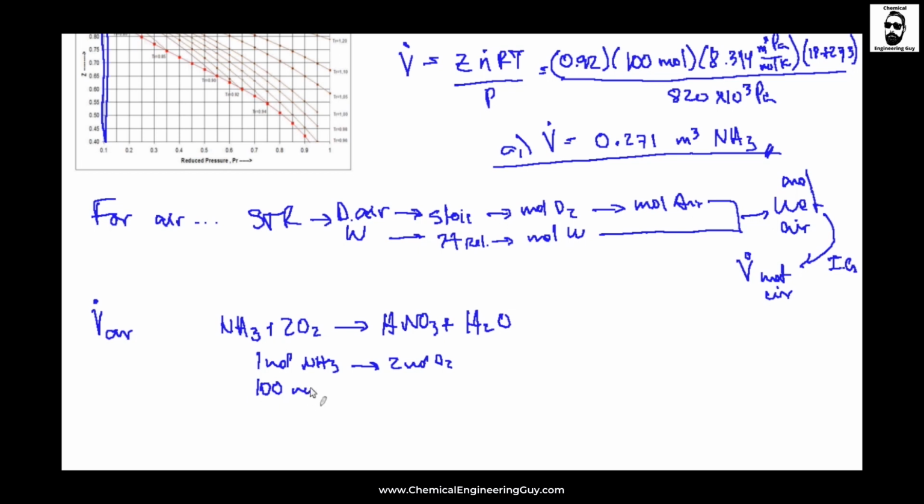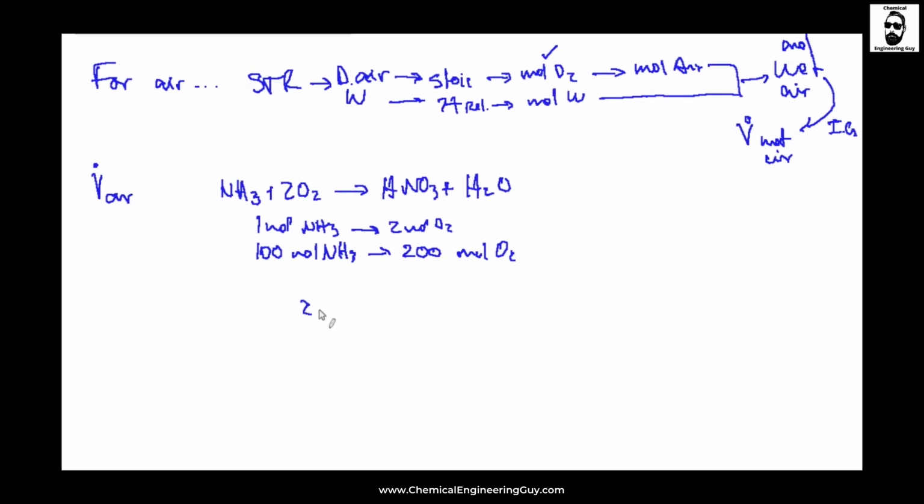So 100 moles of NH3 ammonia, it's going to be 200 moles of oxygen. It's what I need. So we got the amount of moles we need here. Let's change that to air. So 200 moles of oxygen is the total. I know 21% of that is oxygen. So therefore, how much will be the 100% if I wanted air? Let's do this calculation. This is moles of air. And that's around 952 moles of air.